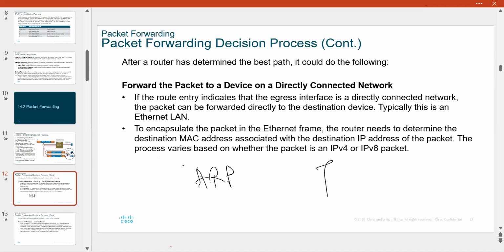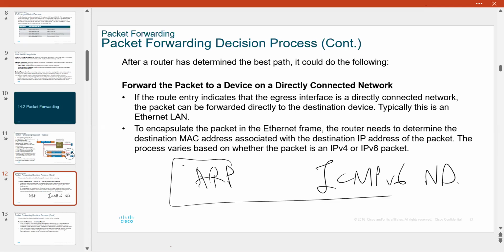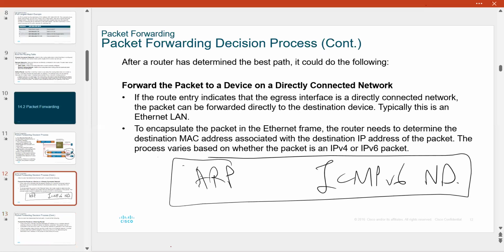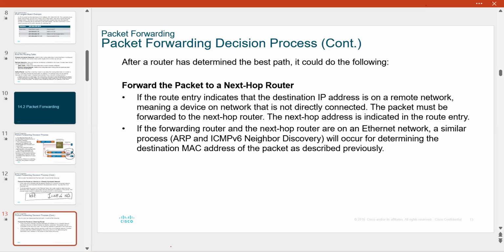With IPv6, we have neighbor discovery, ICMPv6 ND. Both processes are used to resolve an IP address we have when we don't know the MAC address. When the router frames its packet, it will need that MAC address. This is where the process takes over. You see everything we did earlier; I think it starts linking up here, building up our level of understanding as we go.